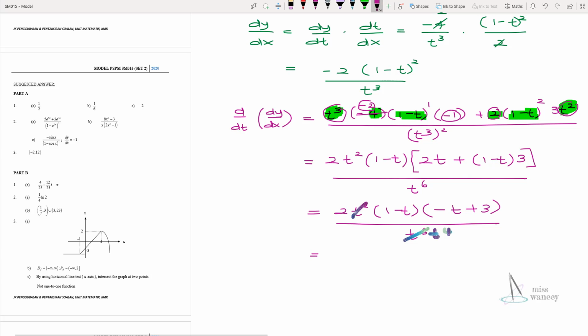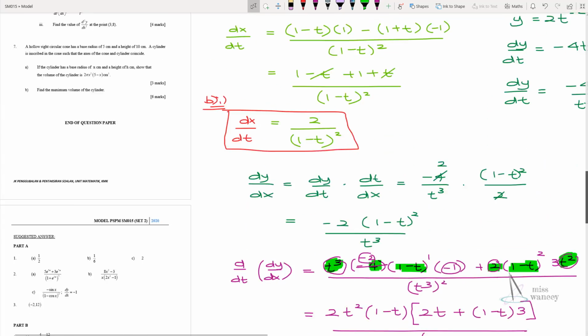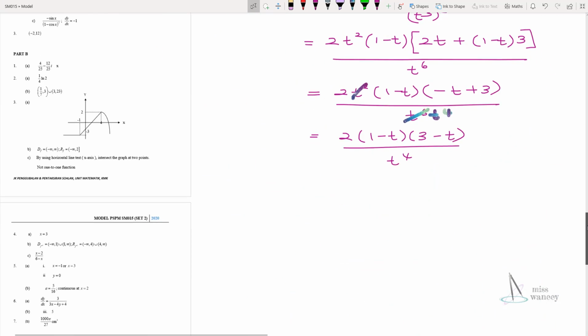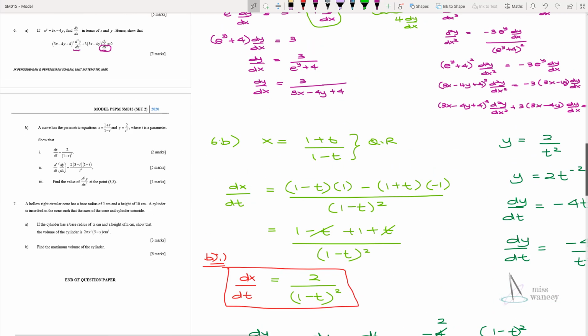So what we have is 2, 1 minus t, as well as 3 minus t, over t to the power of 4. Let us check, do we have the same thing as what we want to prove? 2, 3 minus t, 1 minus t, and then we do have t to the power of 4. Okay, very good.